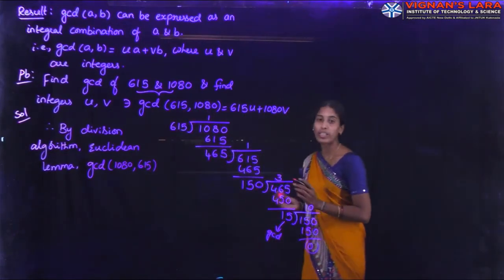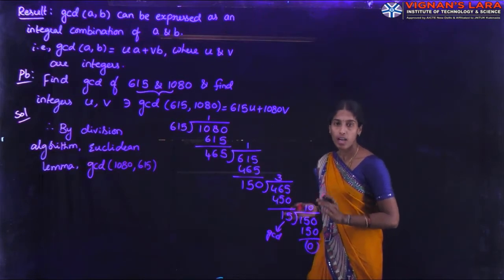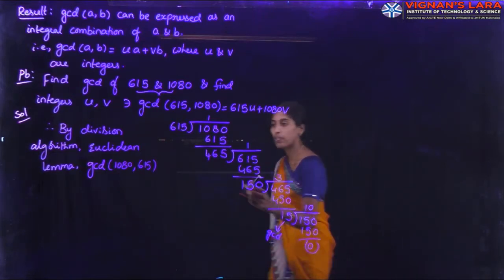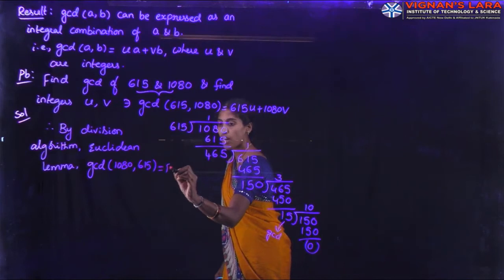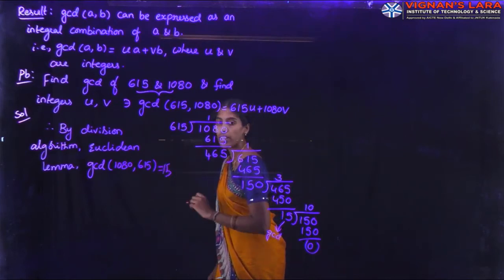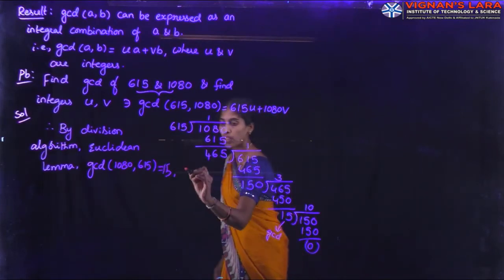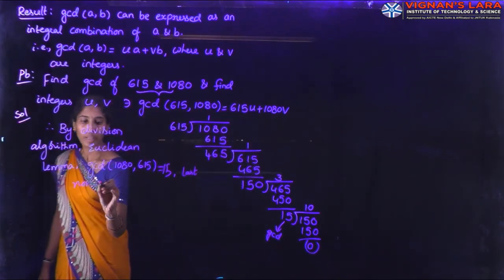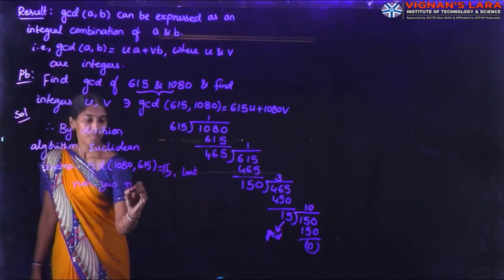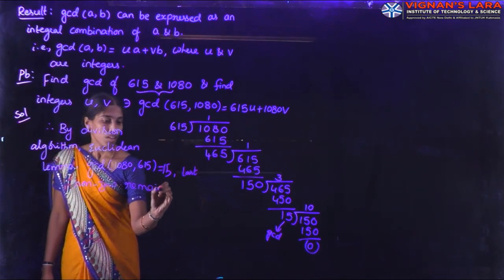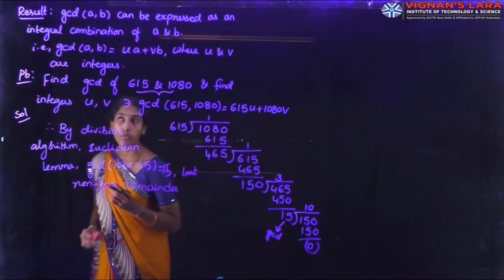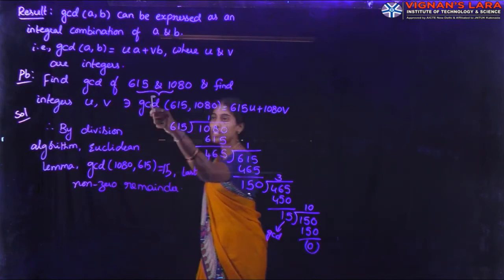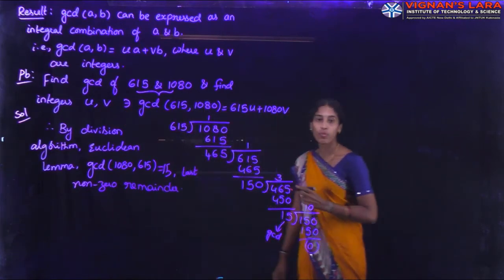We can proceed in any way because order is not important. Here what is the GCD? 15, which is the last non-zero remainder, right? 15, last non-zero remainder. This is the procedure up to calculation of GCD of 615 and 1080.